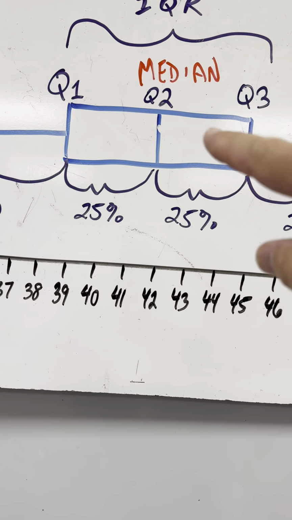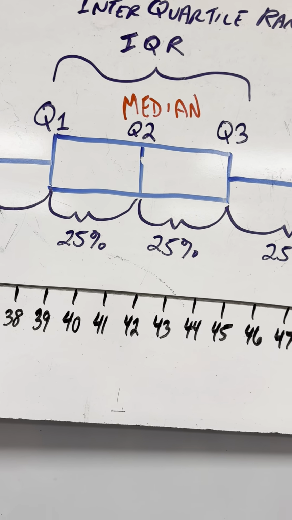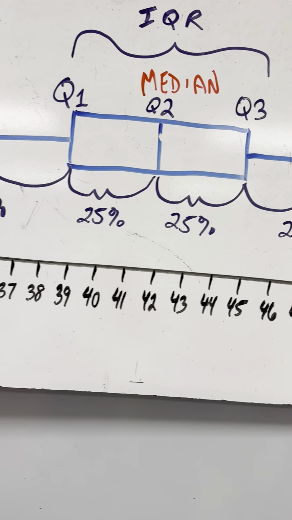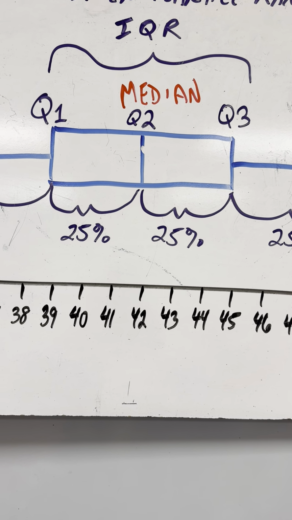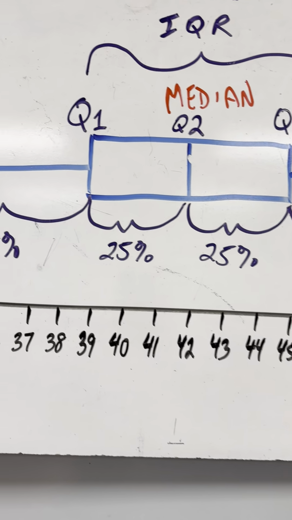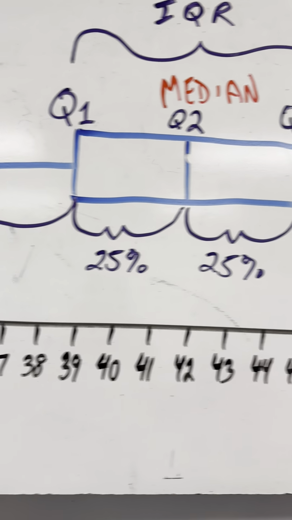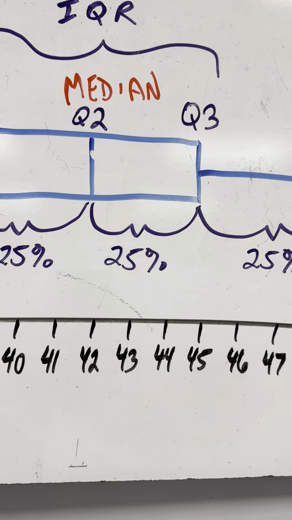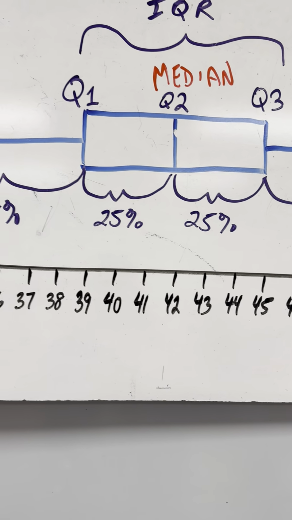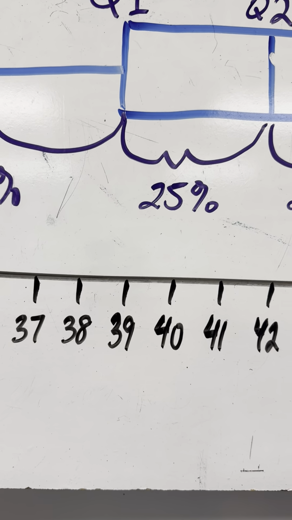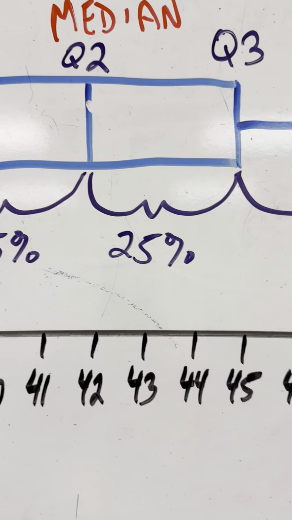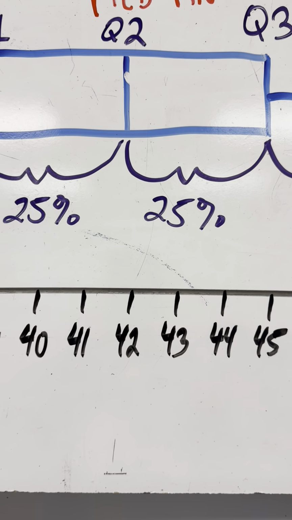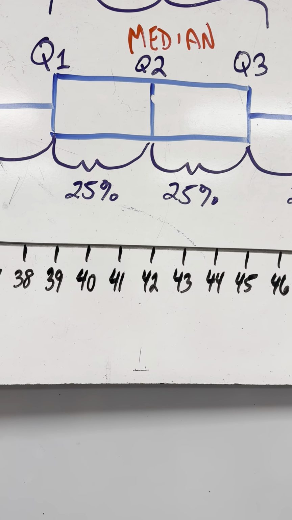Because Q2 is the same as the median, it's very rare that you'll be asked what Q2 is, because you'll be asked what's the median. But you could be asked what's Q1 and what's Q3. In this case, Q1 would be 39, Q3 would be 45, and the median, or Q2, would be 42.